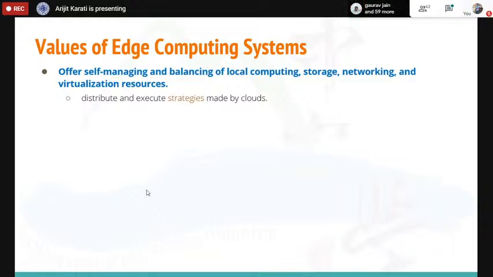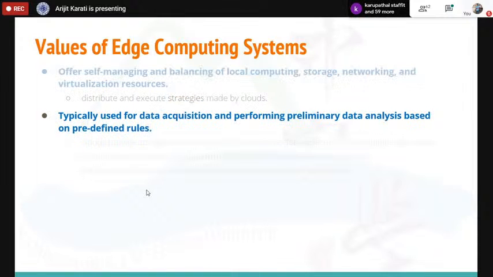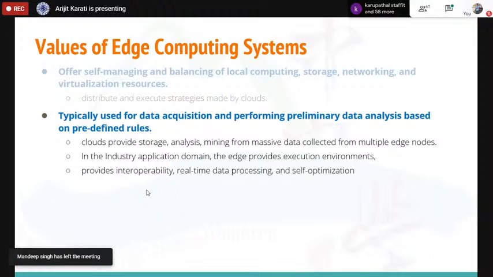The second one is from the data perspective. The edge nodes are used for data acquisition and performing preliminary data analysis and verifications based on some predefined rules. Now, who can define those rules?